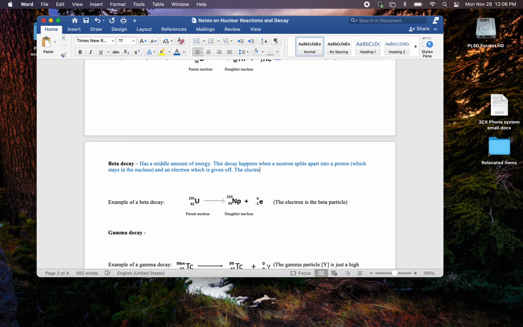The electron is known as the beta particle. So an example is down here.